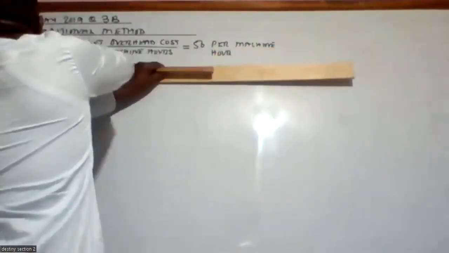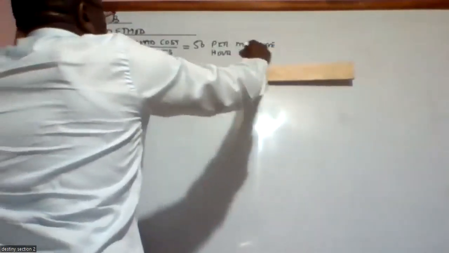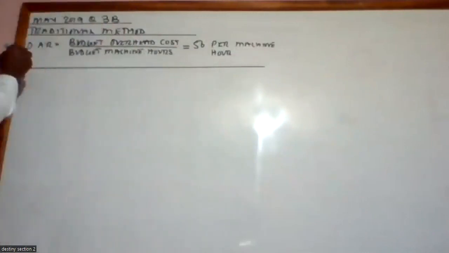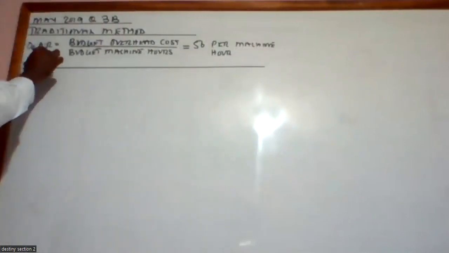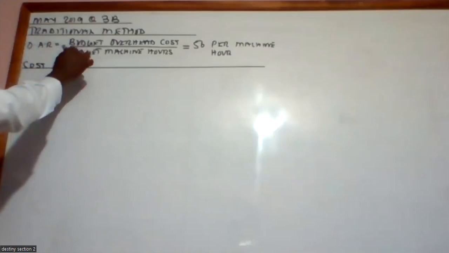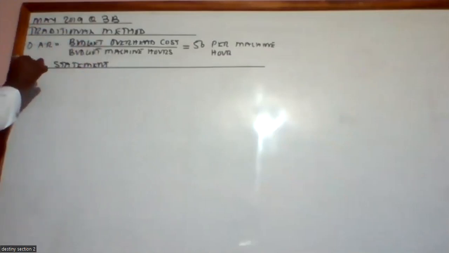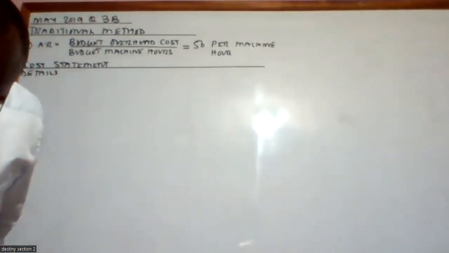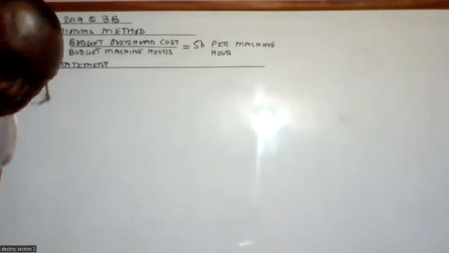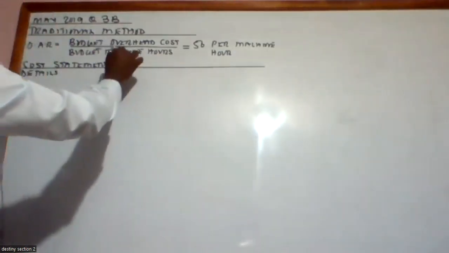So this is how we are going to prepare. We have been told to find cost per unit. So let's draw cost statements. Cost statement. We have details. And we are told cost statement per unit.